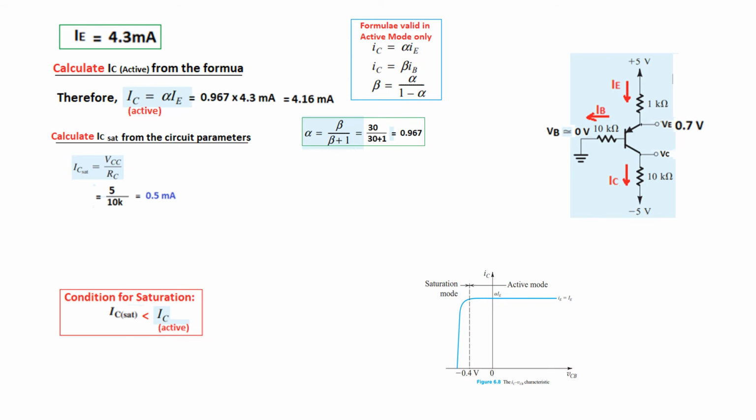And so we can see in this case that 0.5 milliampere IC saturation is less than 4.16 milliampere, and therefore we can conclude that the transistor is in saturation.